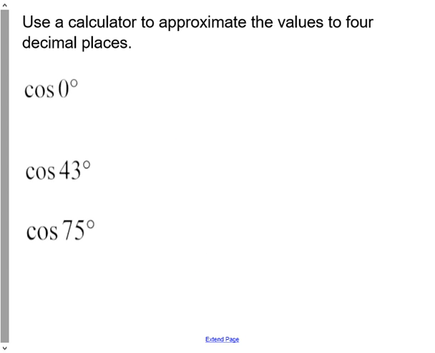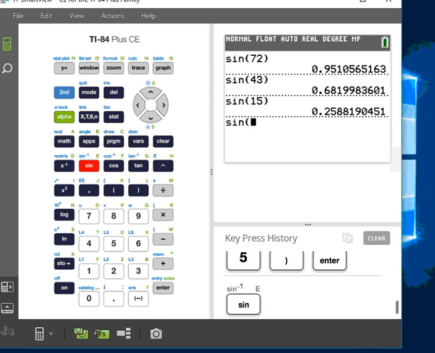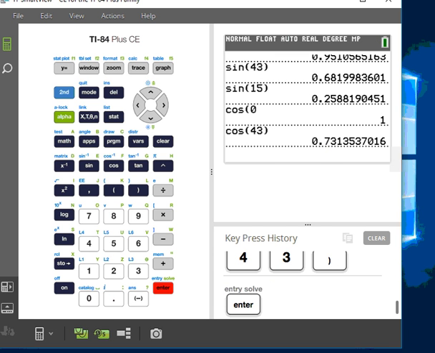Okay, next, we'll move on to cosine. Cosine of 0, cosine of 43, and cosine of 75. Usually your sine button is right next to your cosine button. So cosine again of 0 equals 1. Now we don't typically run into a 0-degree angle, so you won't see that, but that's more of just letting you know cosine values and sine values will be between -1 and 1, and in triangles it's between 0 and 1. You won't have any negative angles.